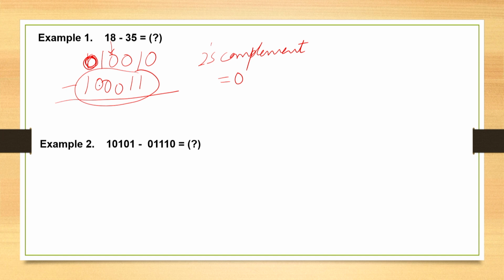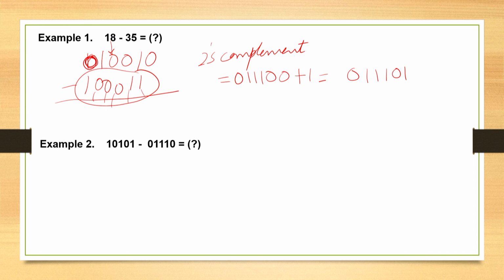So this becomes 0, this becomes 1, this becomes 1, this becomes 1, this becomes 0 and this becomes 0, plus 1. So it becomes what? Your 0, 1, 1, 1, 0, 1. This is the 2's complement of 35.